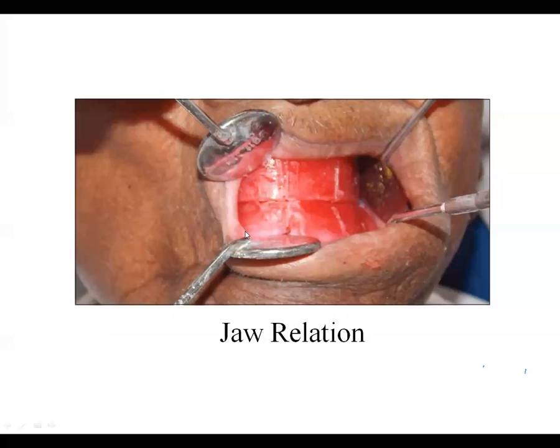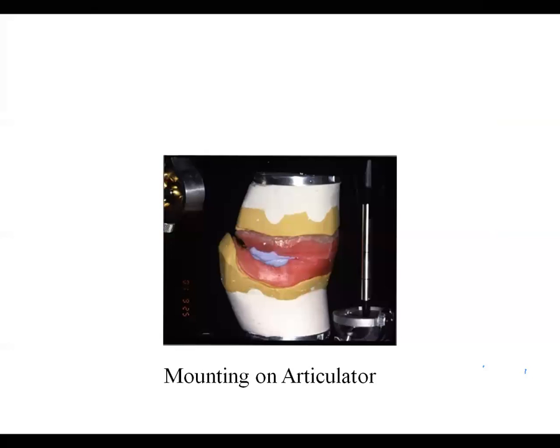After recording your jaw relation, we transfer the whole trial denture onto the articulator: the maxillary wax occlusion rim and the mandibular wax occlusion rim. We have just seen them intraorally in the patient's mouth, and now we remove them from the patient's mouth and transfer them onto the articulator. This is another type of articulator.